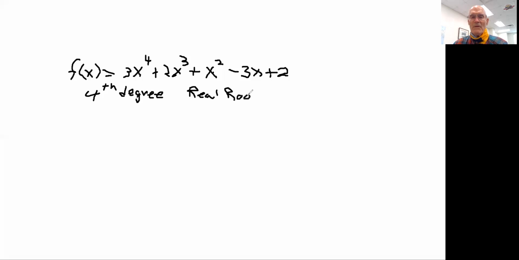And turning points, or bends, would be less than or equal to 3, which would be 1 less than the number of possible real roots.